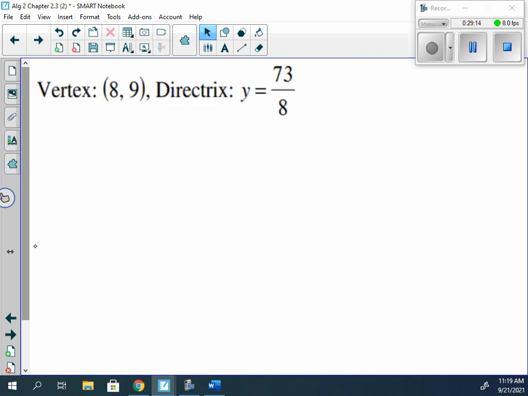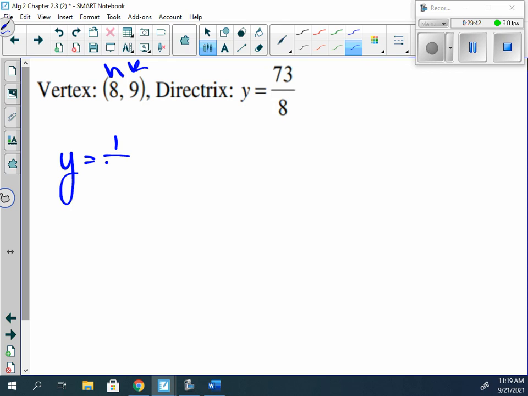Let's look at this one here. It gave us the focus and the directrix. Well, the vertex tells me h and k. That's why it's nice. Now the directrix, since it tells me y equals 73/8, I automatically know which equation we're dealing with.